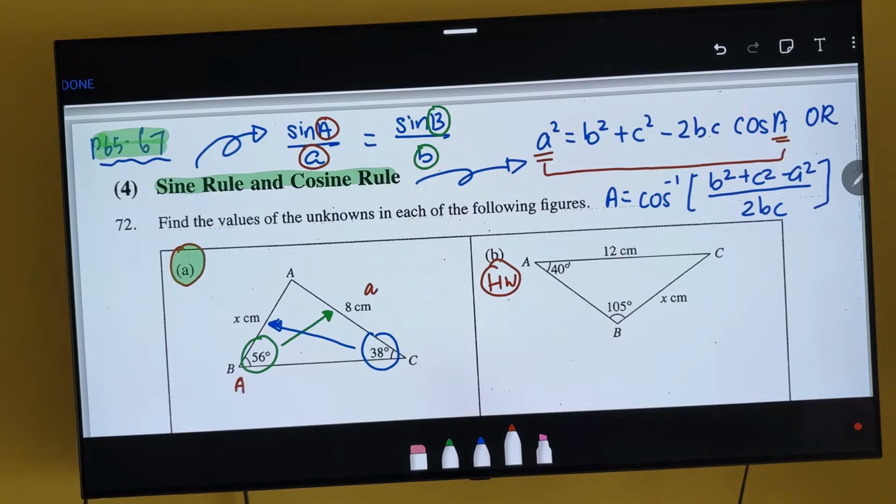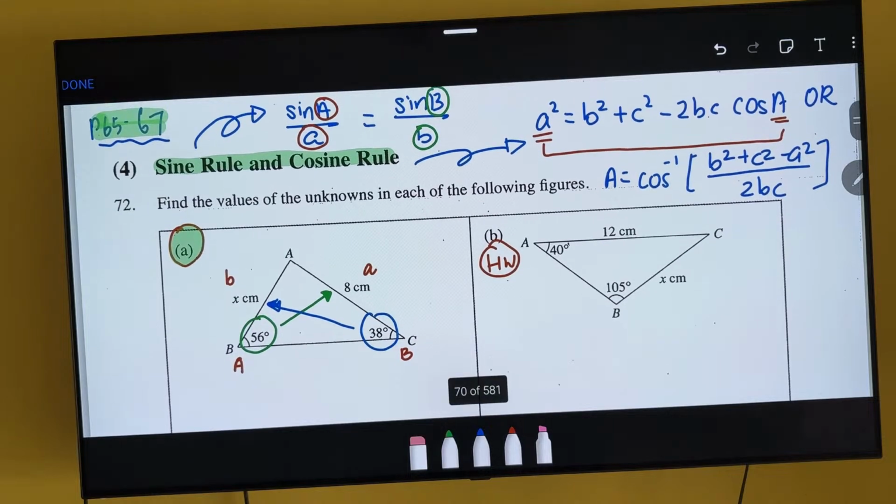And the other pair of values, uppercase B, lowercase b. When do we use sine rule? We only use sine rule when two conditions are met. Firstly, it is not a right angled triangle. Secondly, you have corresponding sides and angles given.